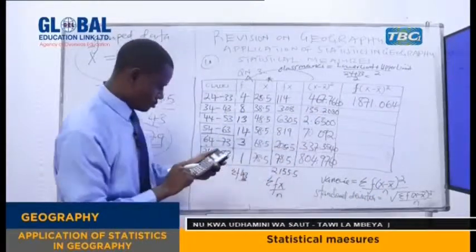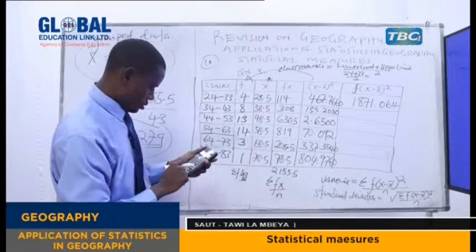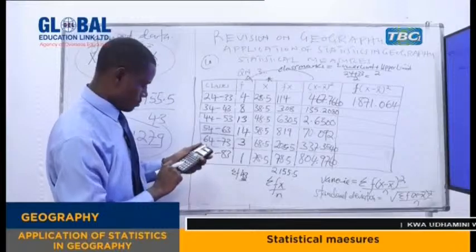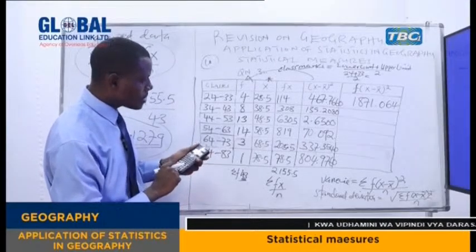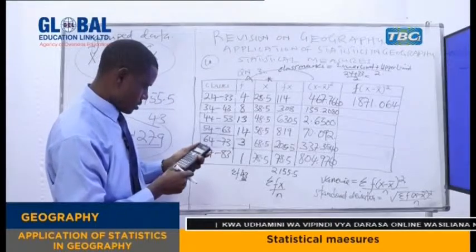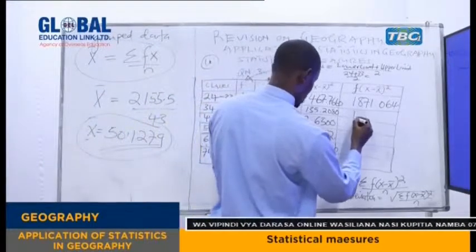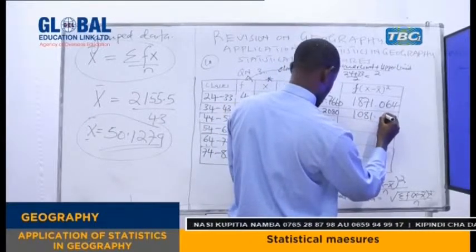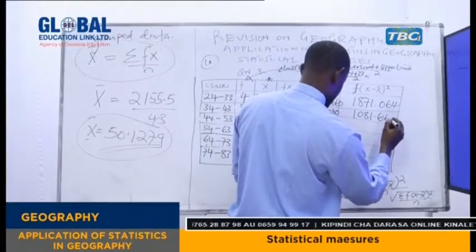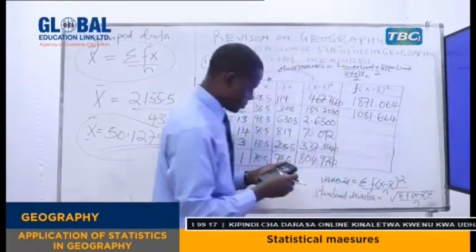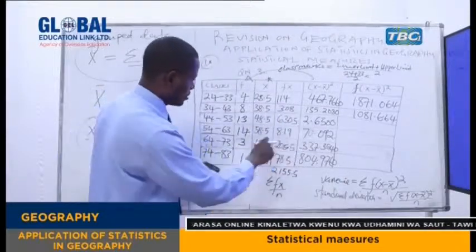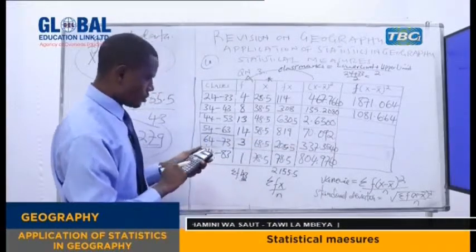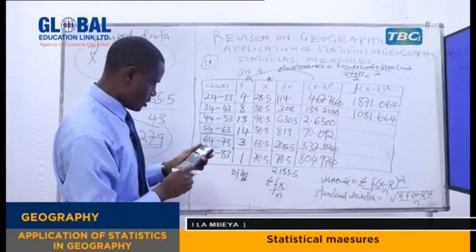Then we go for the next column. That one will be 8 times that one, 135.208. Then we come up with 1081.664. Then we go for the next one, that is 13 times 2.6500.